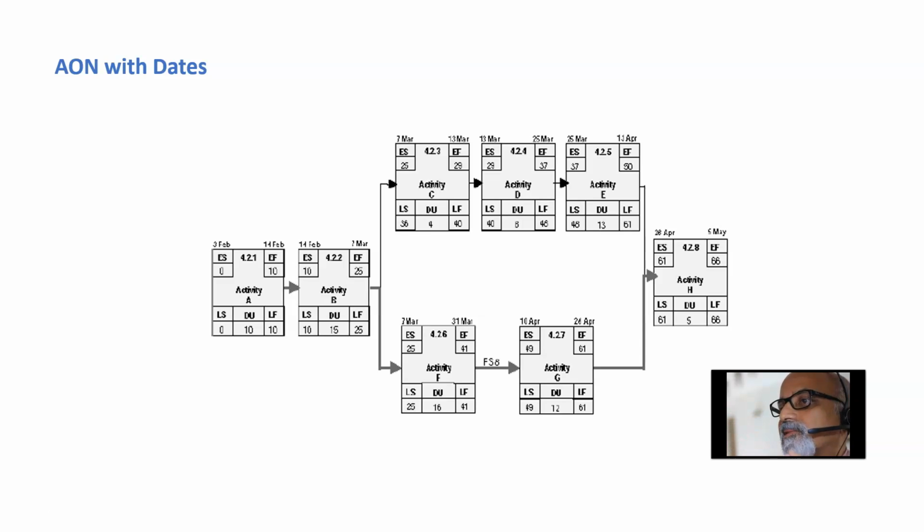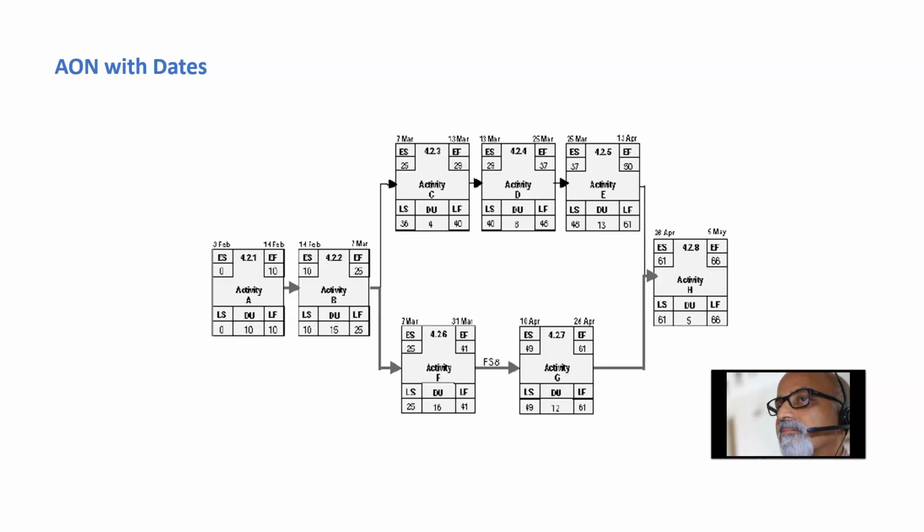So through crashing and fast tracking and stuff like that, for which I'll release another video talking about crashing and fast tracking. As a prelude to that, what is crashing? Crashing is all about putting more resources into an activity so that I can reduce the duration of that activity.